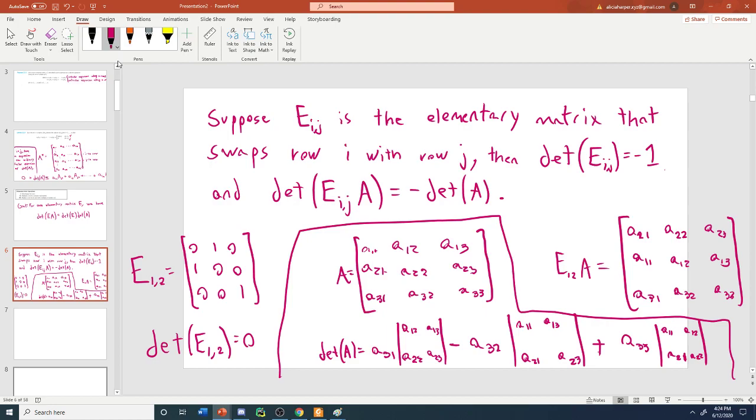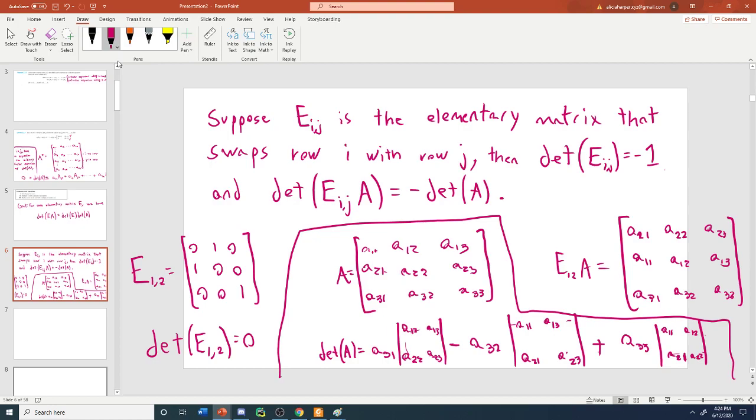Now note that if instead we were taking the determinant of E12A, what we'd have to do is take this expression and flip the corresponding rows of this with this, this with this, and this with this, corresponding to the fact that the rows are flipped here. But you know from the formula of a 2 by 2 determinant that if you flip the rows of the top and the bottom, it flips by a sign. So by flipping rows, each of these expressions would change by a sign.